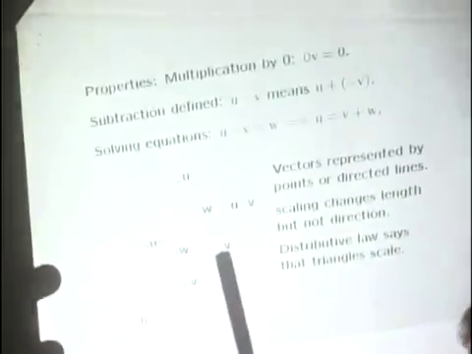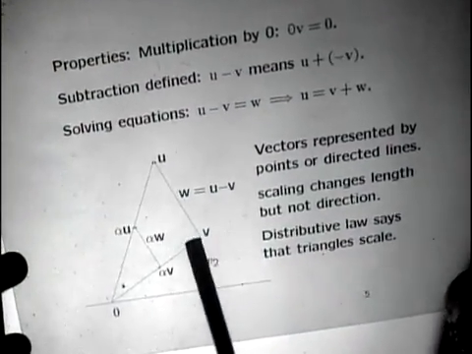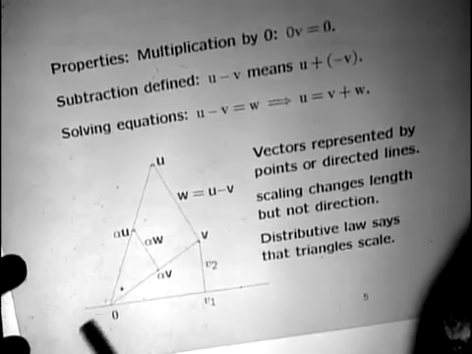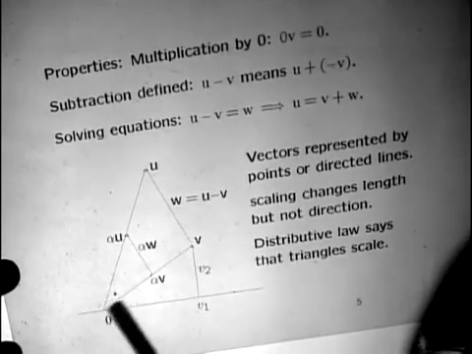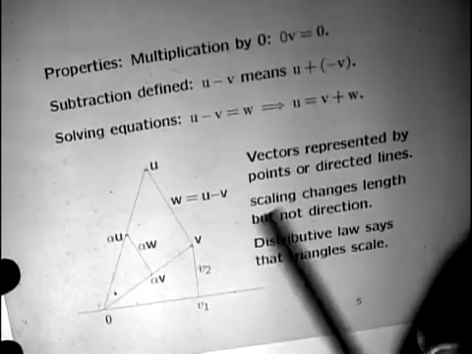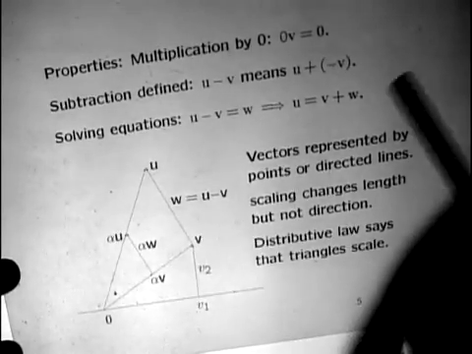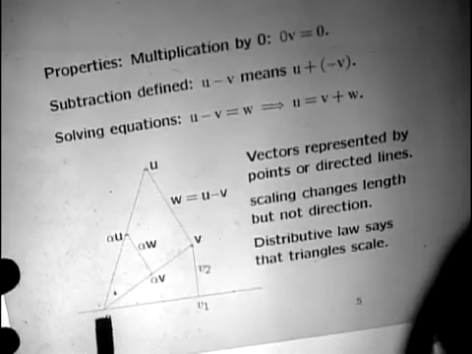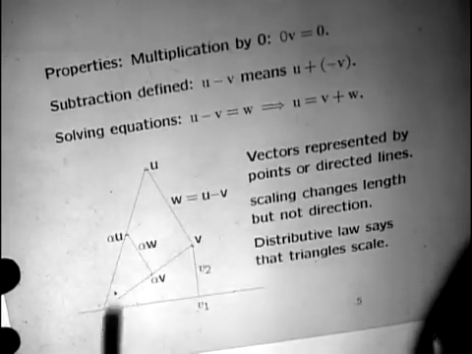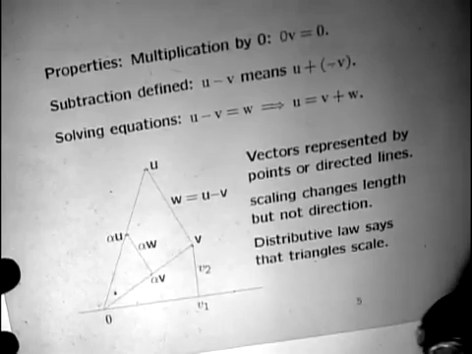Now, when I take a scalar multiple of a vector, in terms of these diagrams, what we're doing is taking something on the same line here. I can take scalar multiples which go all the way up here, all the way down there. I can take scalar multiples of U which go up here and down here.